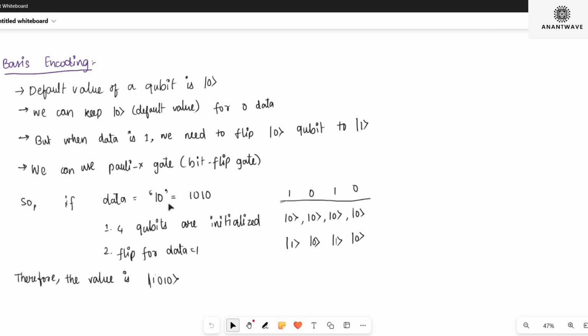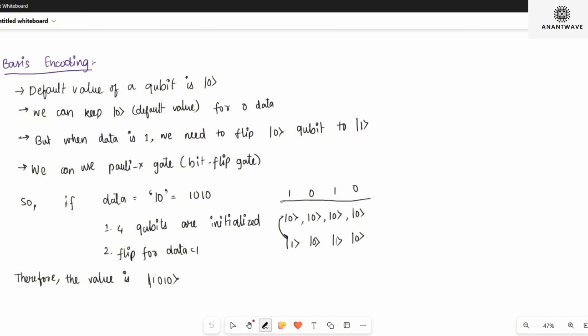Let's consider the data we have is 10. The binary representation of 10 is 1010. Now, this has 4 bits, so we are initializing 4 qubits, that is ket 0, ket 0, ket 0, and ket 0. Now, the data is 1, 0, 1, 0. So, here this ket 0 should be flipped to ket 1.